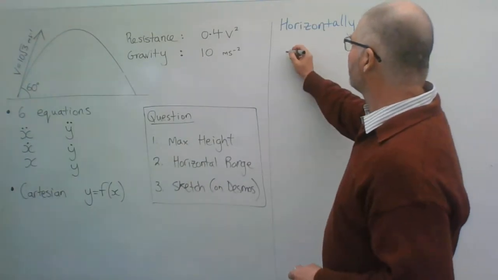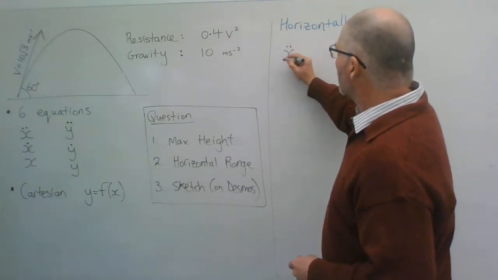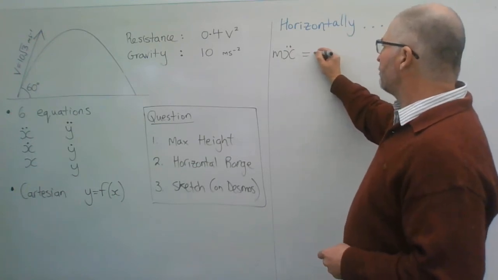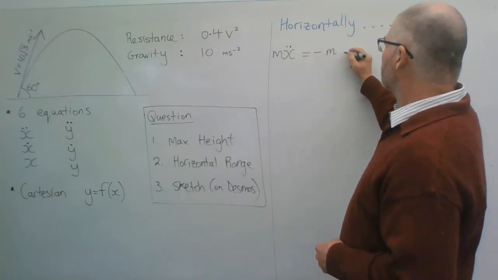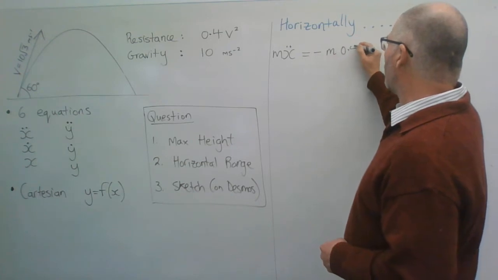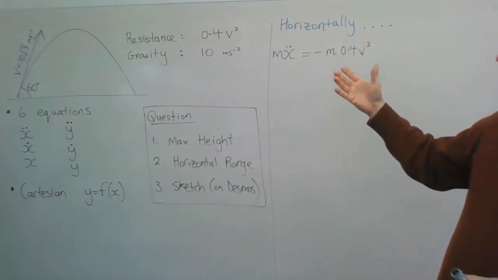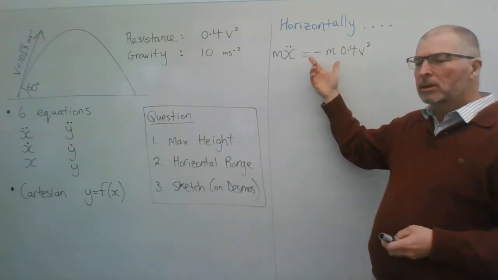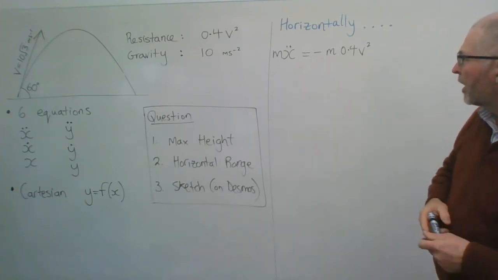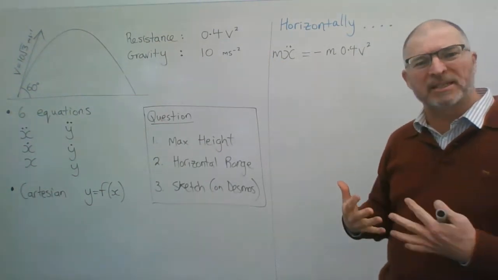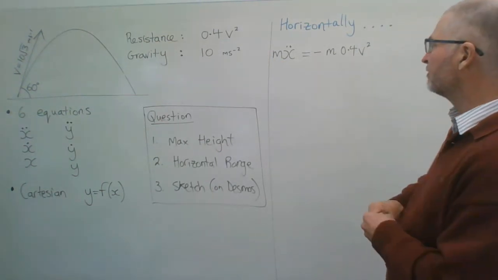So horizontally, this is equal to minus m times your 0.4 v squared. Mass times acceleration in total is equal to minus mass times 0.4 v squared. The resistance is opposite to the direction of the motion.